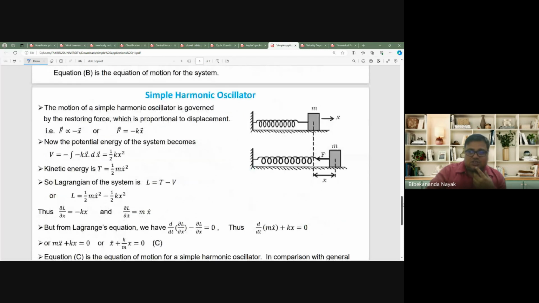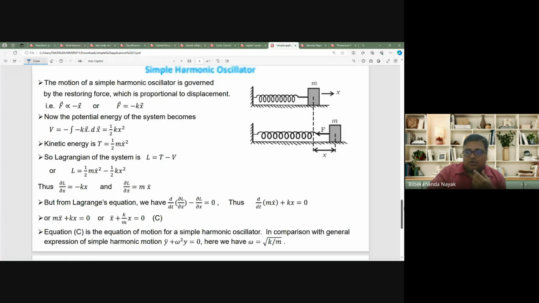Another example is a simple harmonic oscillator. This is a very popular one. For a simple harmonic oscillator, force is proportional to displacement and opposite to it, so force is equal to minus kx. If you calculate the potential energy from the formula, you find potential energy is half kx square, where kinetic energy is half m x dot square.